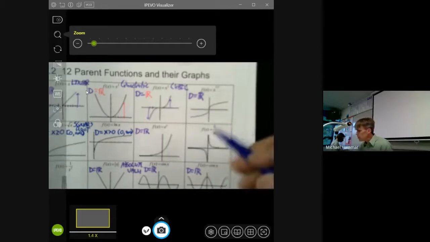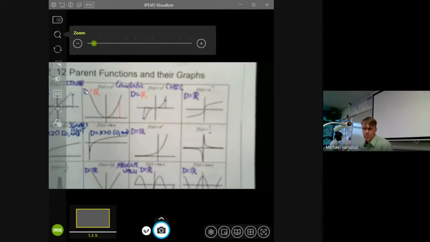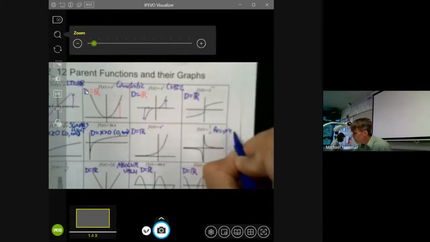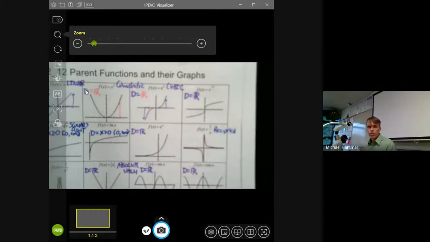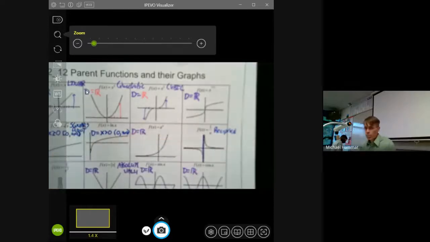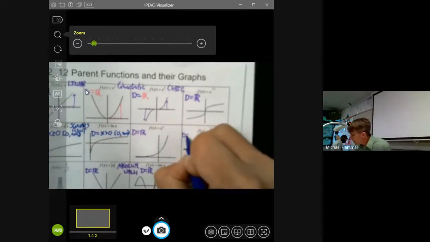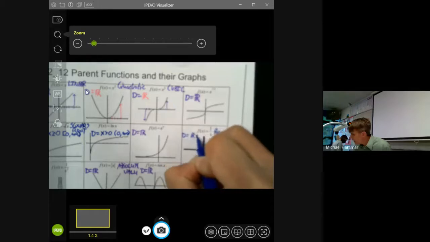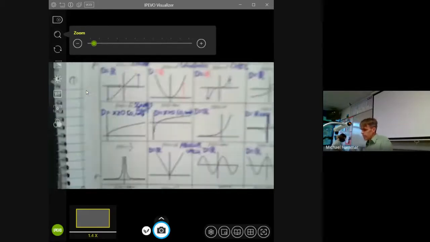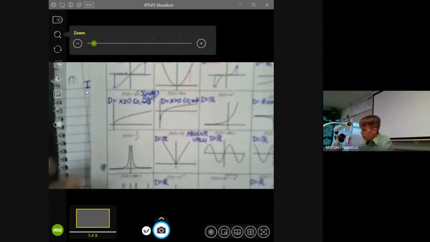This one, though, is 1 over x. 1 over x is a reciprocal function. This function, you'll notice, has values everywhere except right here. So we can say the domain is all reals except x cannot equal 0. The same thing holds true for the x squared function.